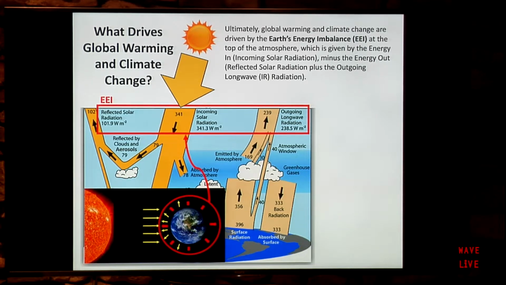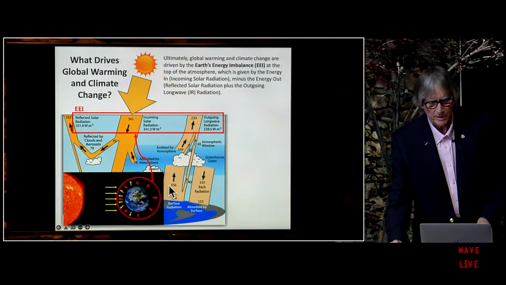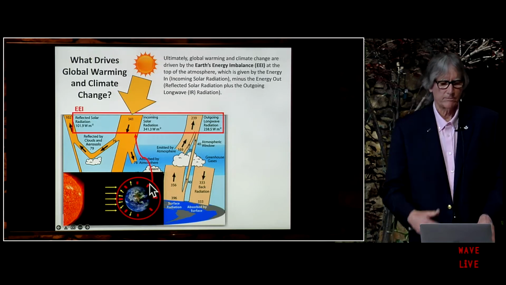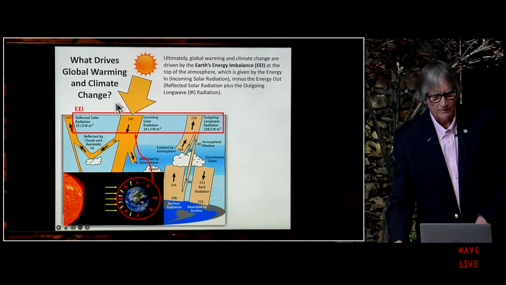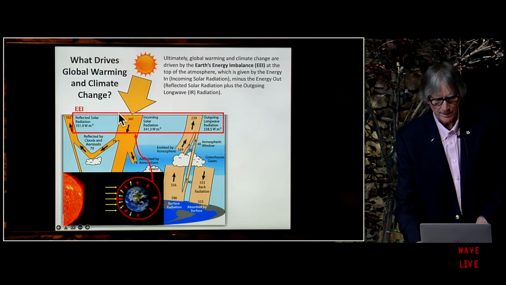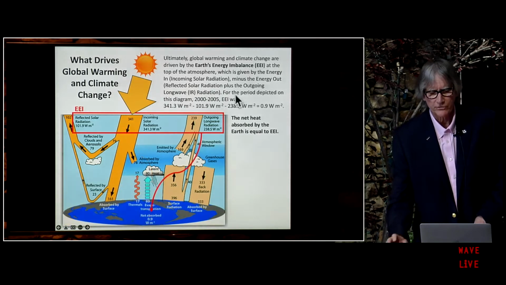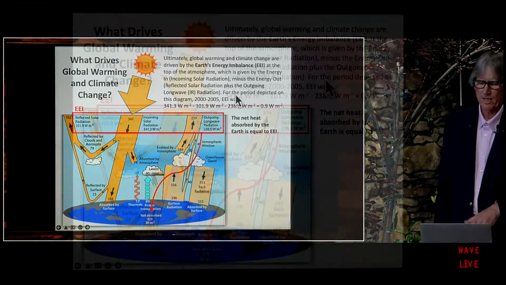Now, imagine this red circle here being the top of the atmosphere, not drawn to scale. And imagine totaling these fluxes of energy around that top of the atmosphere sphere around the Earth. That has a particular name, and that name is called the Earth's Energy Imbalance, or EEI.